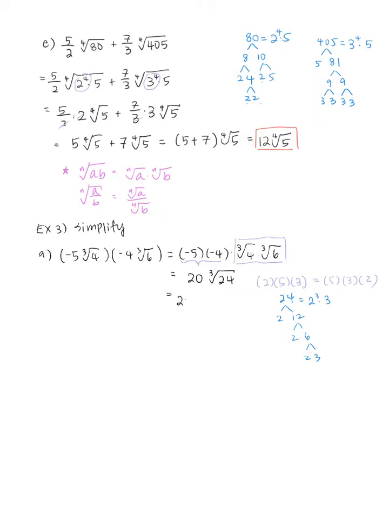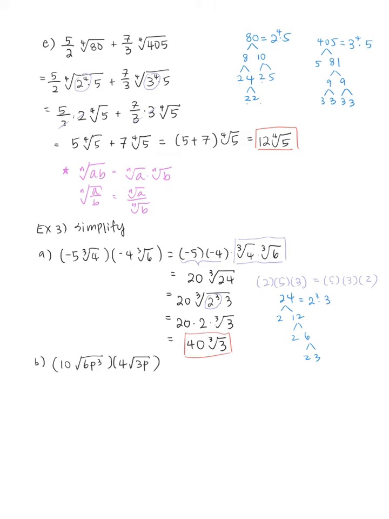So this is the same thing as 20 times the cube root of 2 to the 3rd, multiplying here by 3. So this is perfect. What's going to happen is here you're going to have 20 times 2 times the cube root of 3. So it looks like our answer is going to be 40 times the cube root of 3.